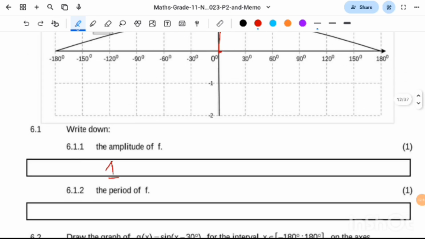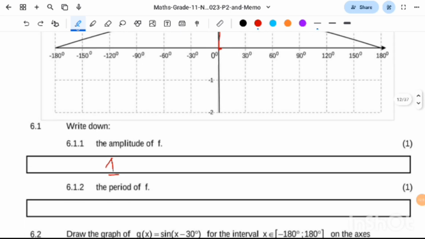Now, the second one says, write down the period of f. This one is an interesting one because we are given that f of x is equal to cos x over 2, which, pay attention to this, is the same as cos half of x.